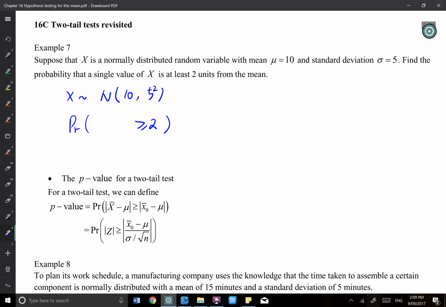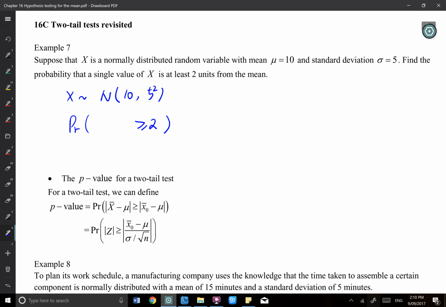I'm not talking about standard deviation. Say my mean is at 10. Which number is 2 units different from that? 8 and 12.